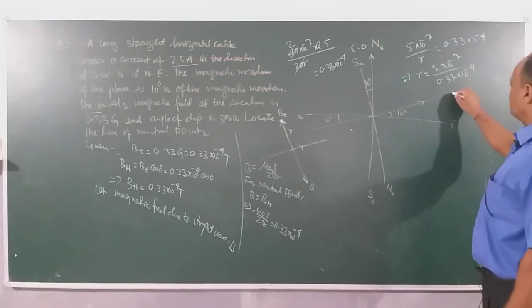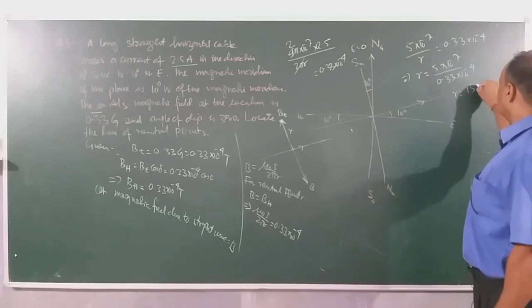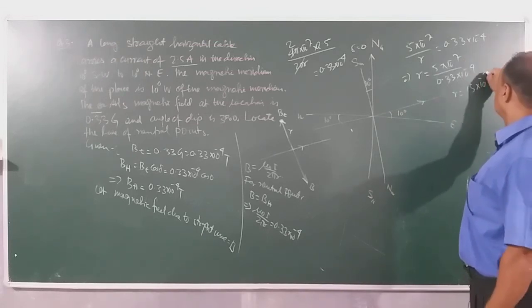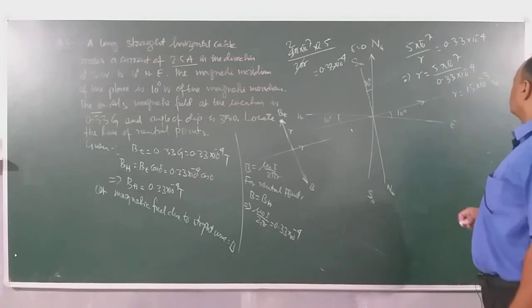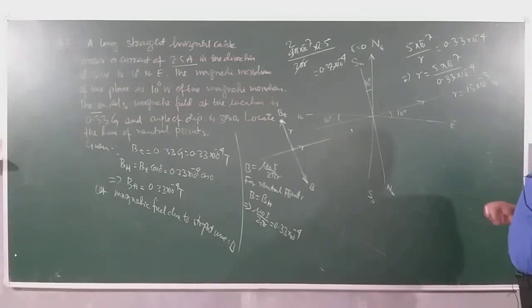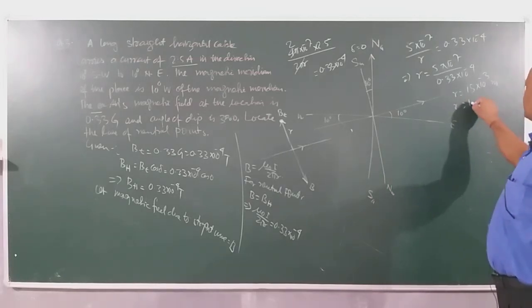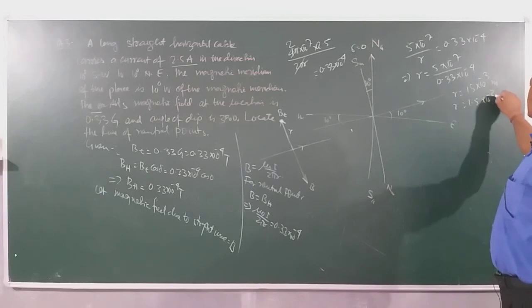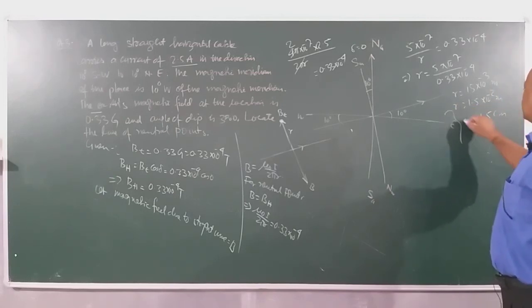Clear? So r will be 15 into 10 power minus 3 meter, or r is 1.5 into 10 power minus 2 meter, or r is equal to 1.5 centimeter.